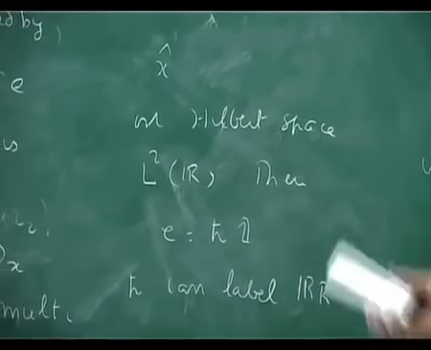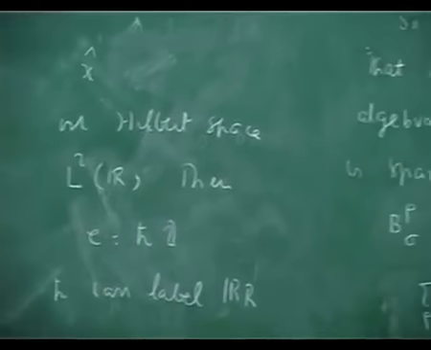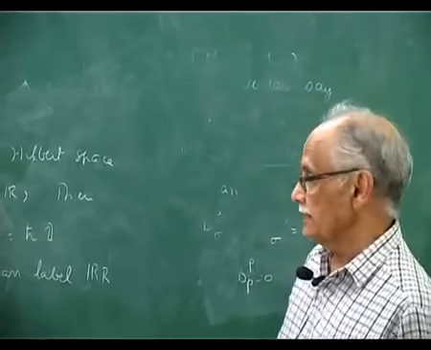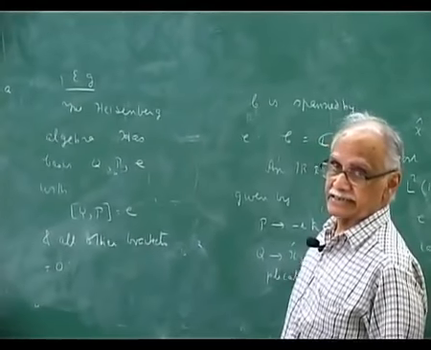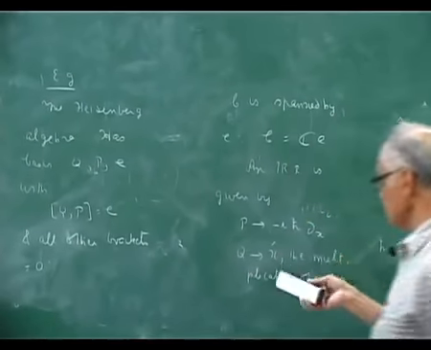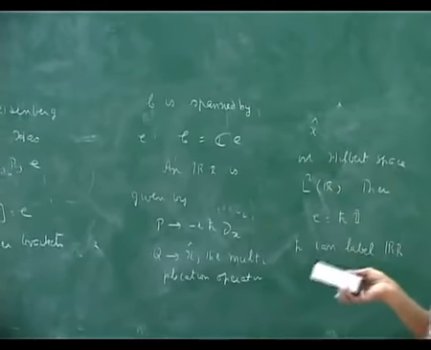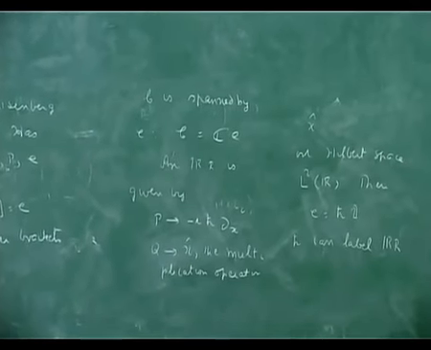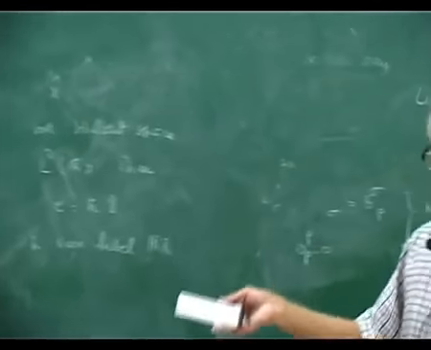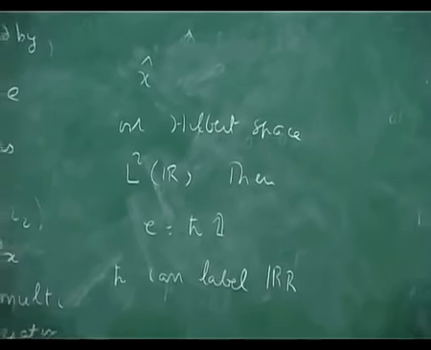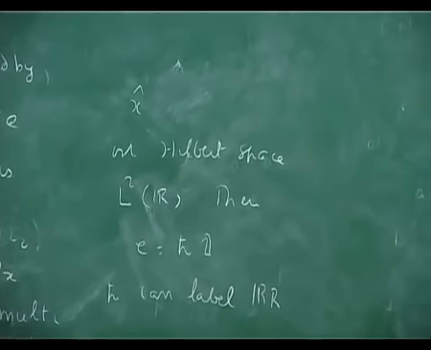If you fix h bar, you will get only one representation. And that is the content of the von Neumann theorem, that for this algebra there is only one irreducible representation, up to unitary equivalence, which has some nice decent properties. There are actually more, but they have very bad properties. From a physics point of view, they are not very acceptable. So this is a classic example.